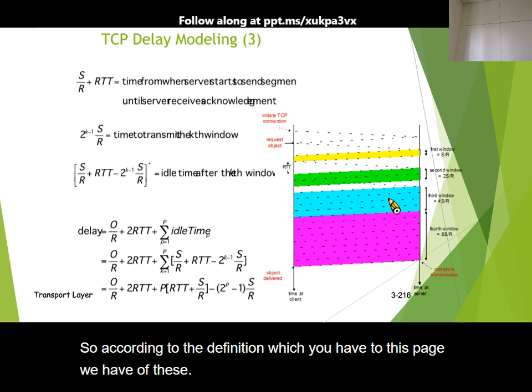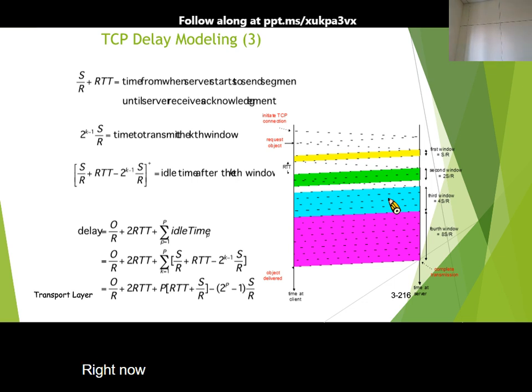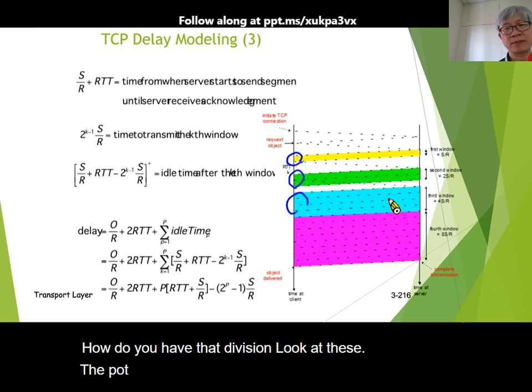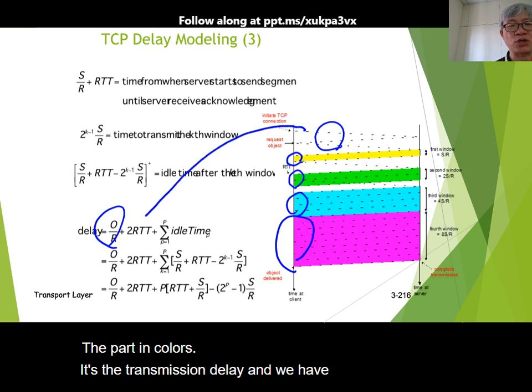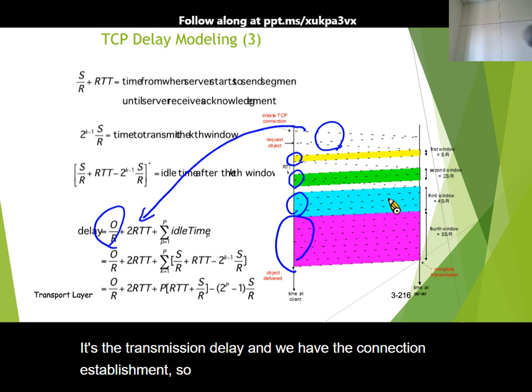Right now, we want to have the derivations. How to have the derivation? Look at these. The part in colors is the transmission delay. And we have the connection attachment, so we have 2 RTT.